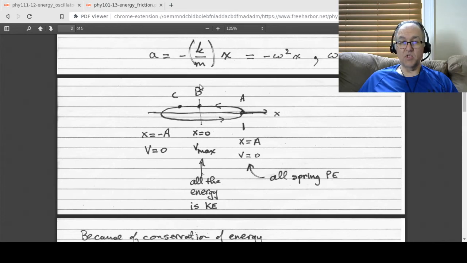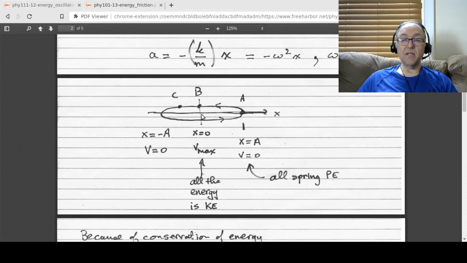At equilibrium, right in the middle, x equals 0, that's where the velocity is fastest. Velocity is 0 at the endpoints, and it's fastest right in the middle. We said that before when we studied simple harmonic oscillation the first time, but now let's think about it in terms of energy.